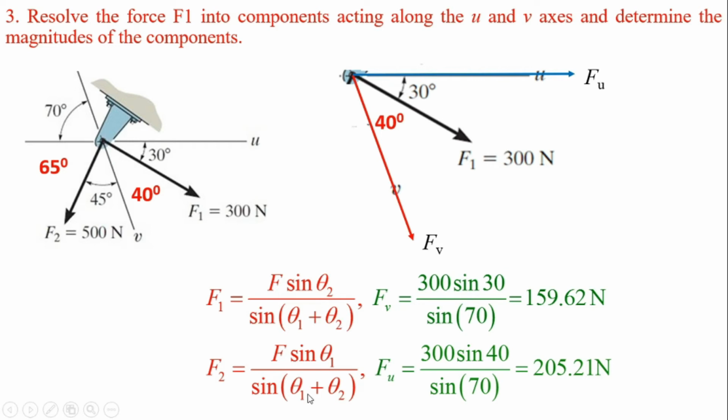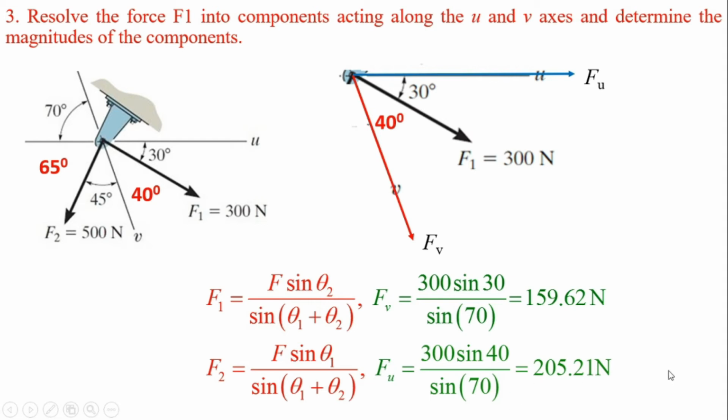Similarly F2 is equal to F sin of theta 1 upon sin of theta 1 plus theta 2. So Fu is considered as F2, equal to 300 into sin of theta 1, now this is theta 1, 40, upon sin of 70.